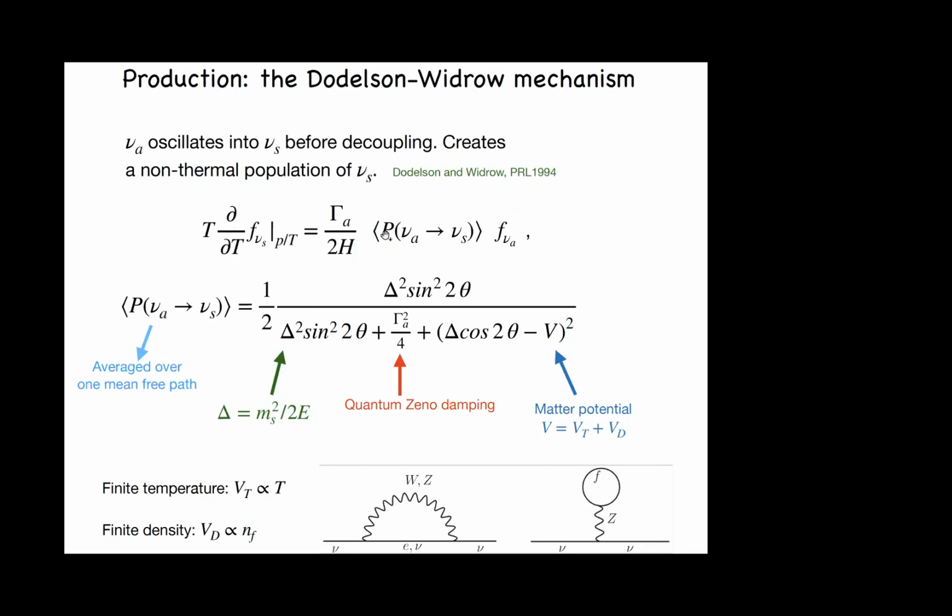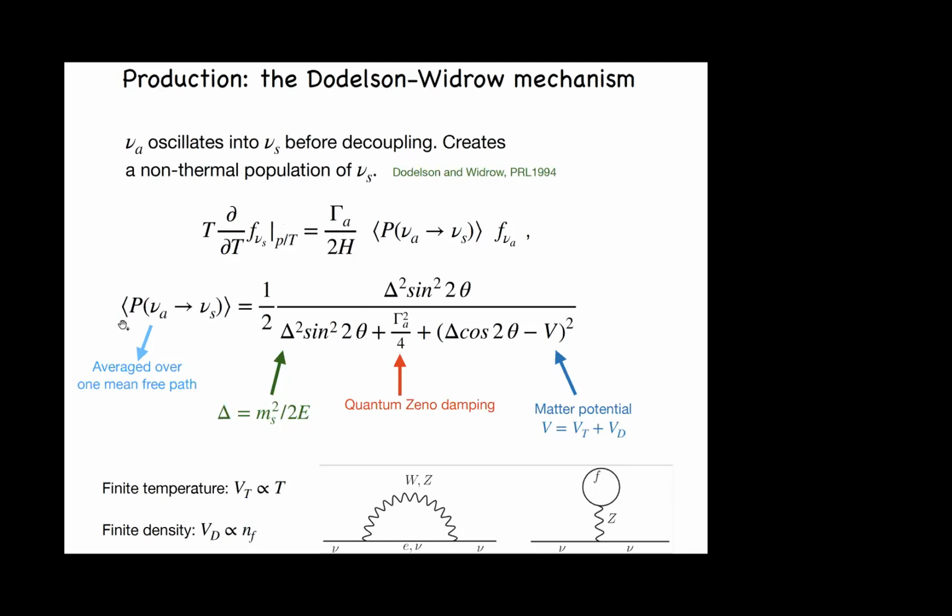You need an expression for the probability of converting the active neutrinos into sterile neutrinos, which takes into account these oscillations. They have to be averaged over one mean free path of these oscillations. And then you also need some non-trivial interaction rate. This interaction rate has to be also scaled with the Hubble parameter to make sure that they're always in equilibrium. And then the product of these three would give you the evolution of these sterile neutrinos and production of them.